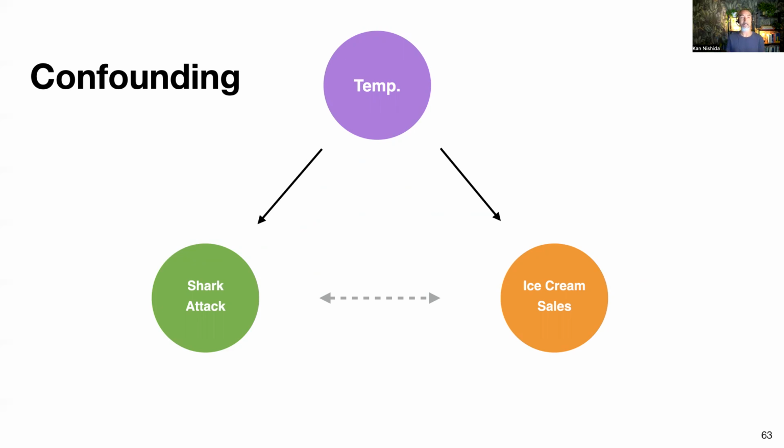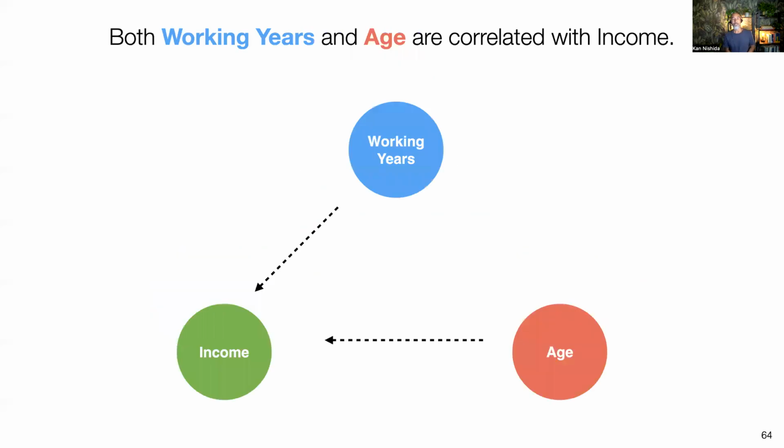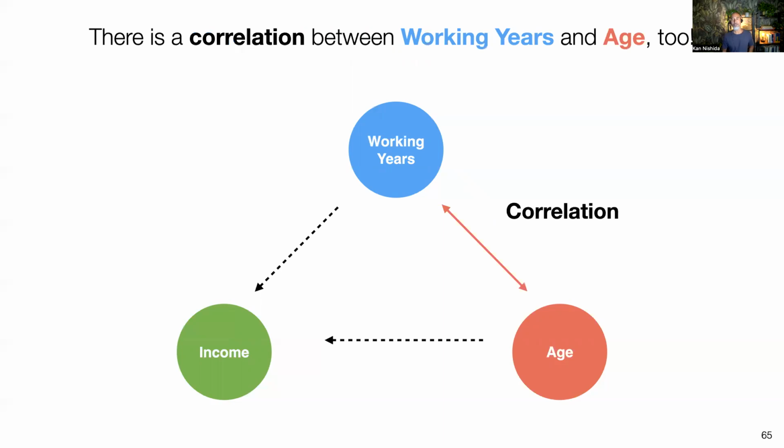using a statistical learning model. So in this case, let's say we have working years and age as predictor variables. We have built a model with a bunch of other variables as well, but I'm simplifying here. Both of them look correlated with income, meaning the older you get, the higher the income, and the longer the years you work, the higher the income. But of course, there is some correlation between working years and age.